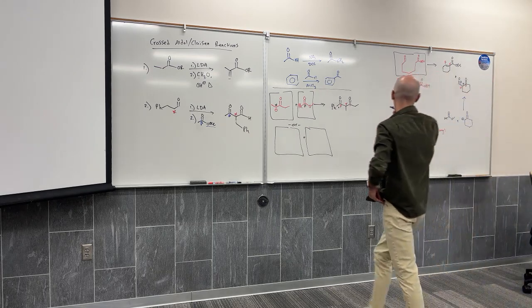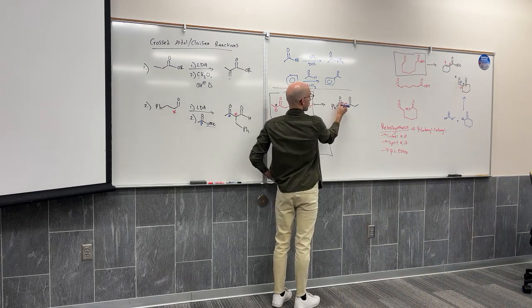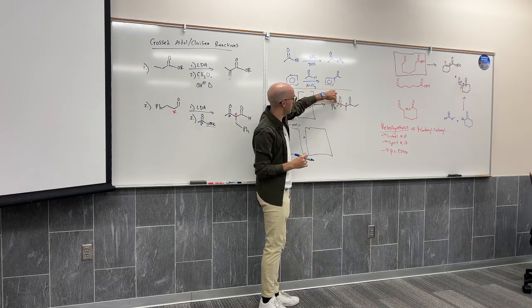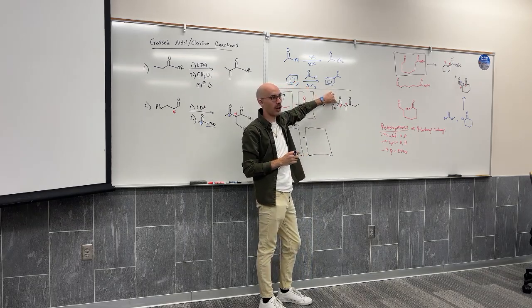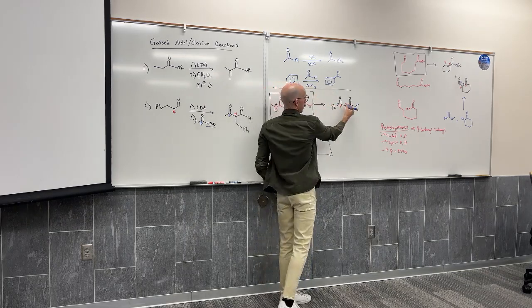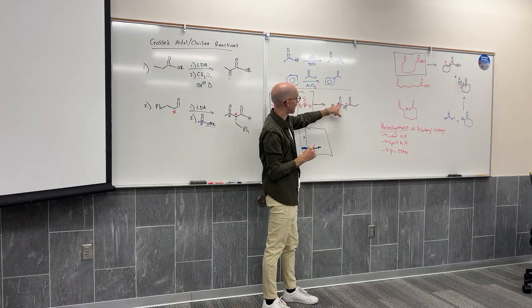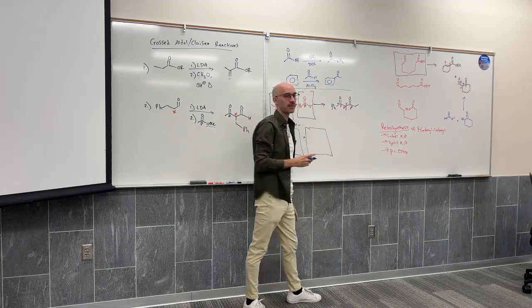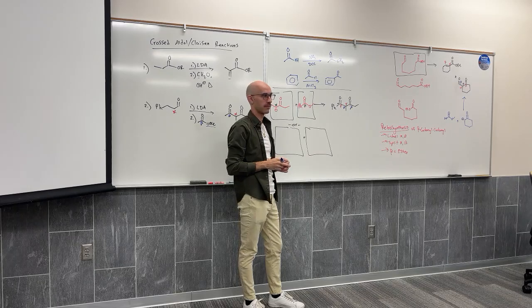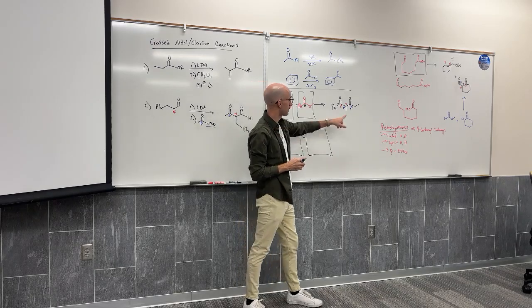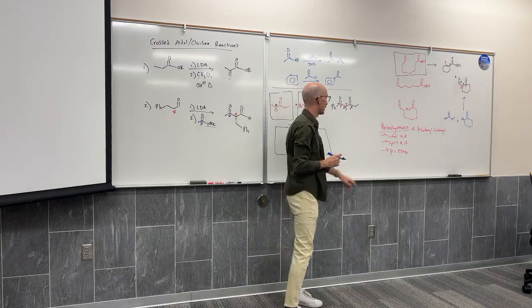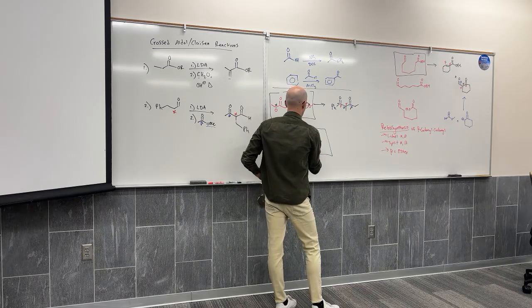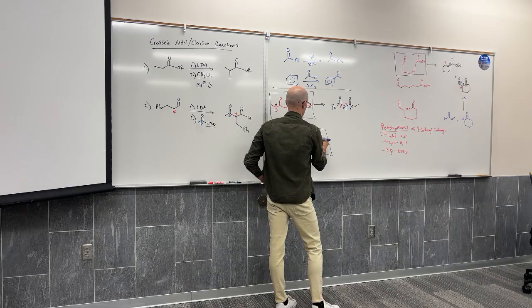So I'm going to label this one in blue. If I reference this as my primary carbonyl, then this carbon becomes its alpha carbon, and this carbonyl becomes the beta carbon. So when I split this, beta carbon is an ester, so I'm going to draw this as an ester.